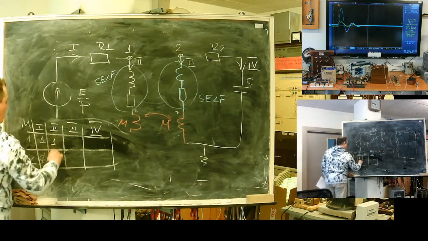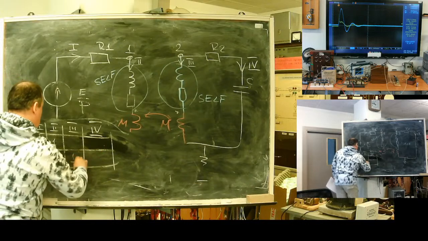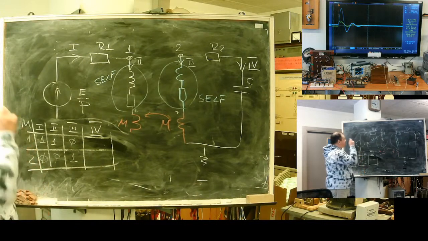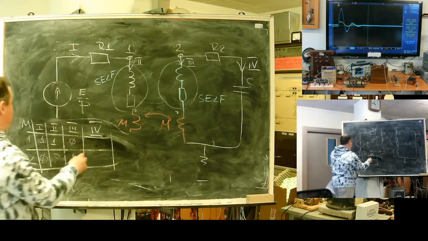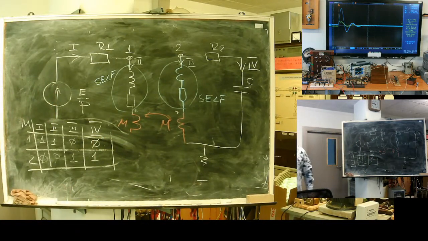Second branch: 1, 0. The third branch leaves node 2: 1, and here 0. The fourth also leaves node 2, so here is 0. Here is my first incidence, or network topology, matrix. Connections, branch nodes. If you heard about Kirchhoff's current law, it's the matrix of Kirchhoff's current law.